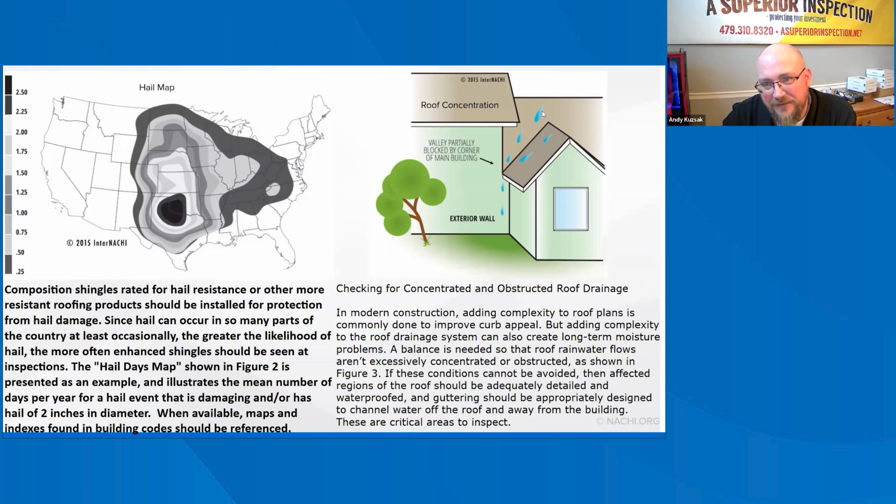The water flow, the velocity coming off of all of these roofs and hitting this sidewall can cause the water to come up and seep into and get past the flashing if it's installed, which it generally is, but it can cause the water to flow back up into the wall system because of the velocity of the water coming off. So this area is incredibly important to investigate for moisture intrusion.